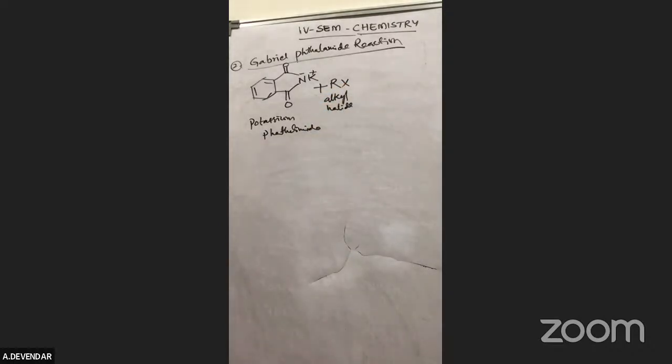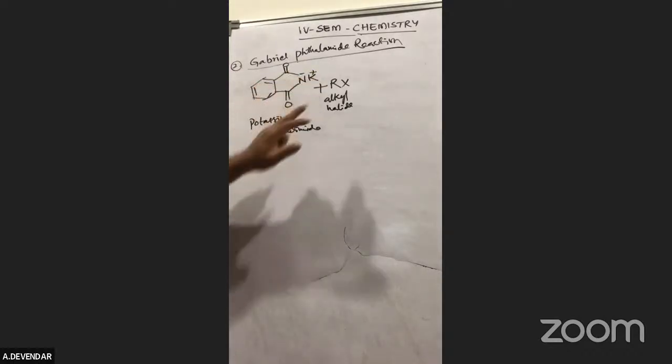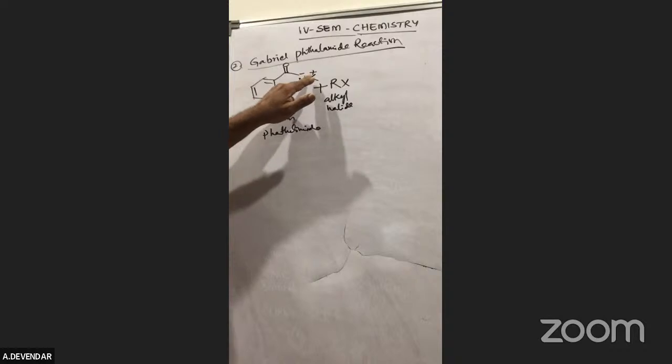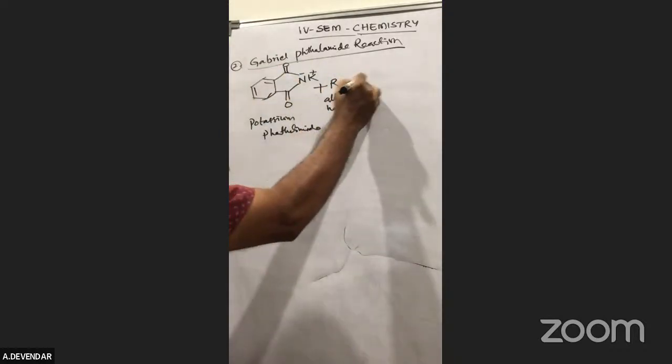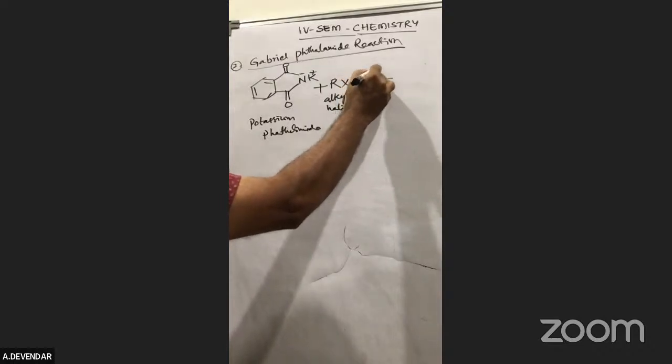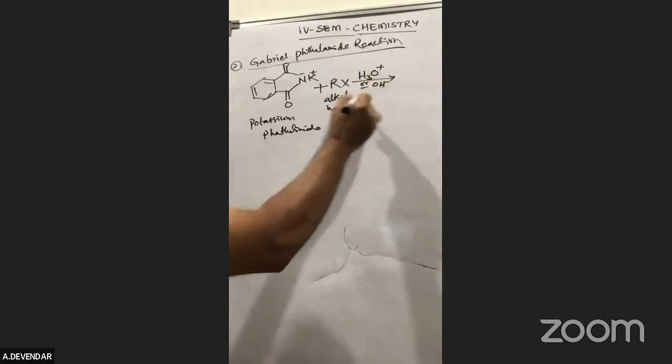Instead of potassium phthalimide, alkyl phthalimide is formed, and KX is removed. Immediately after, we use hydrolysis, that is H3O+ or OH- hydroxide ion, and the phthalimide is converted to phthalic acid.